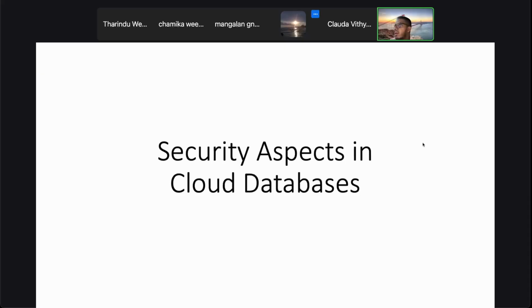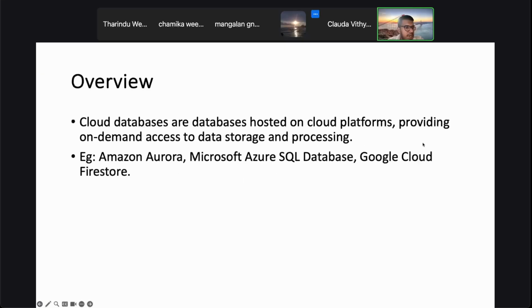I'll start with the overview. When it comes to a cloud environment, there are multiple ways that you can keep the databases. With the legacy methodology, you put up a virtual machine and you put up whatever database version you want to use. It can be SQL or it can be NoSQL.